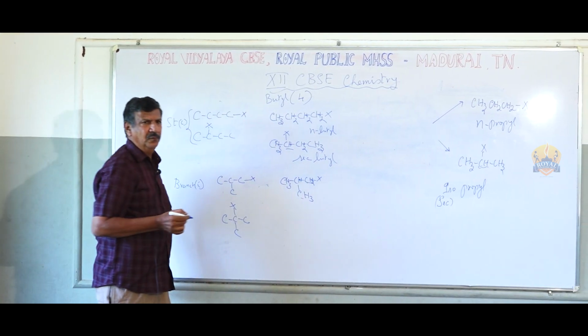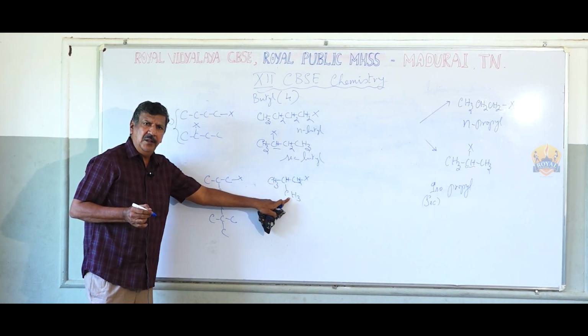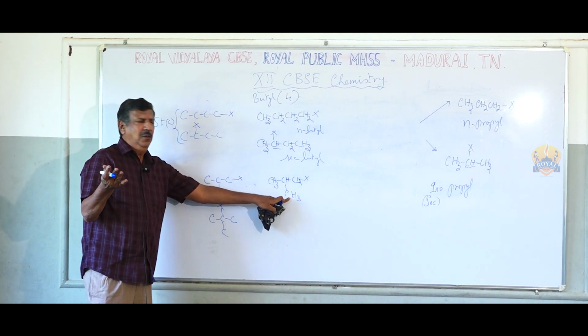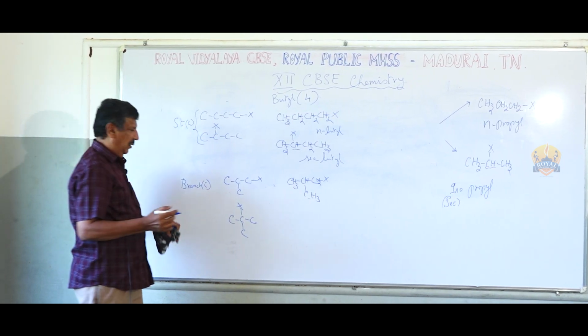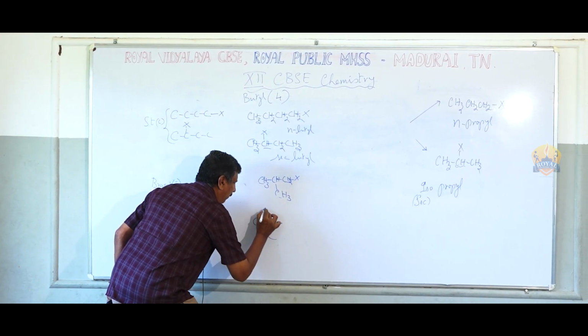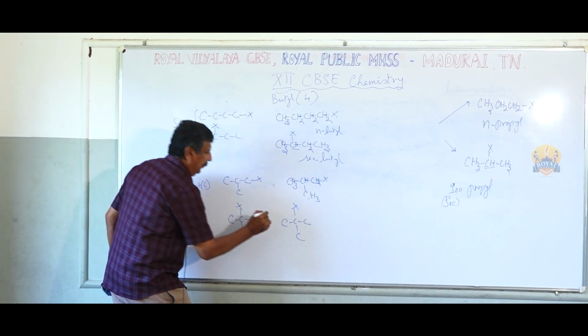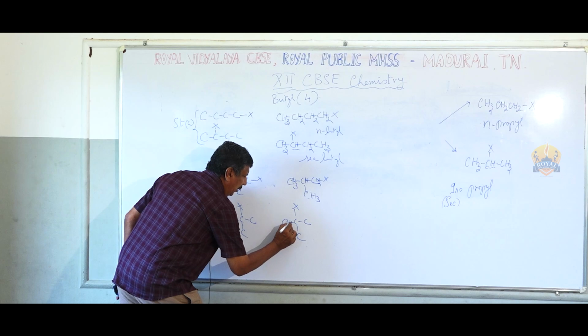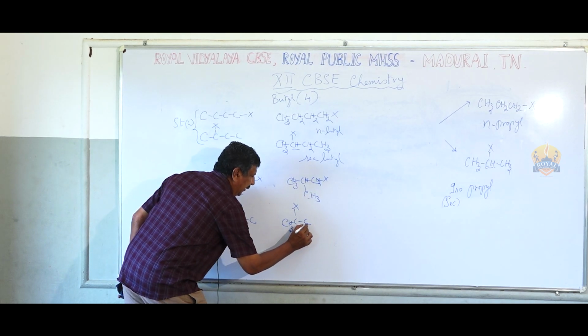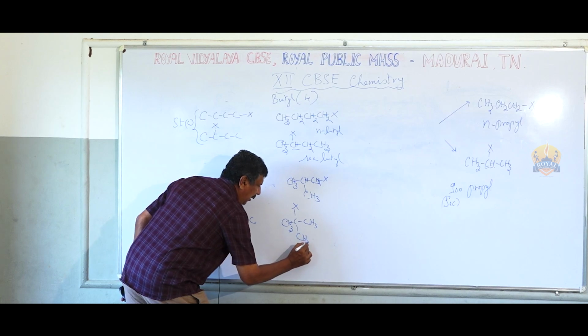CH3, that's all. This is an end, so it is CH3. Coming to this, first I write the skeleton form. Then this is the starting one, CH3, end, CH3, end, CH3.